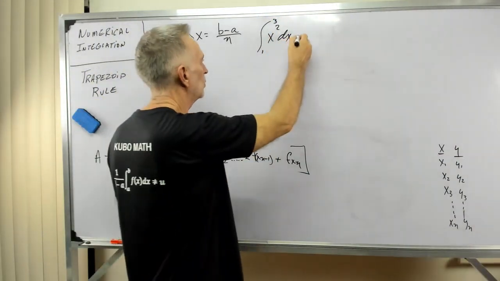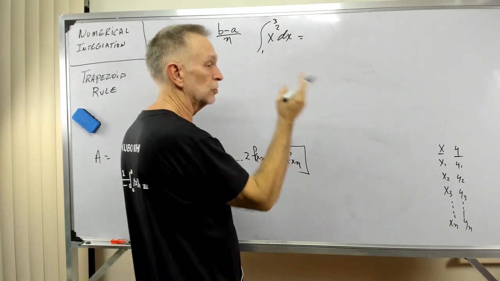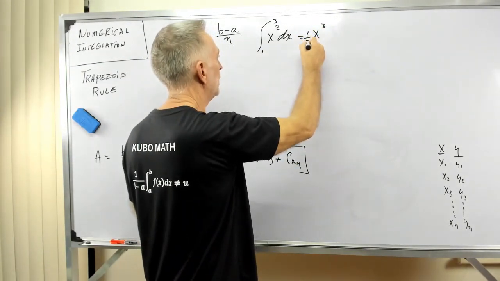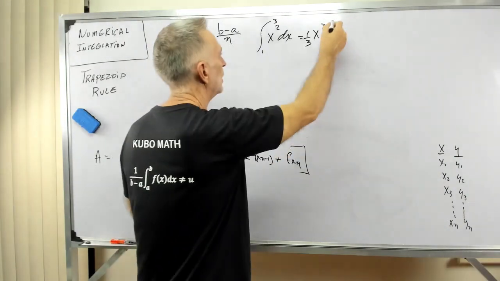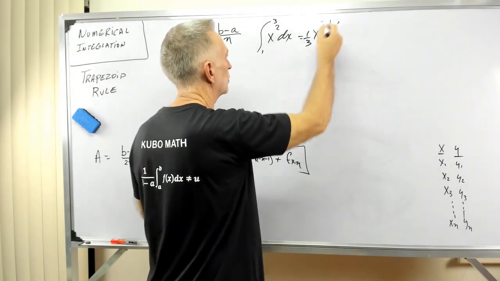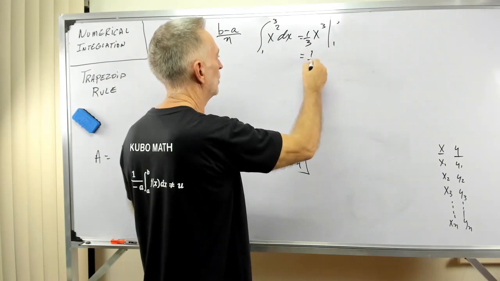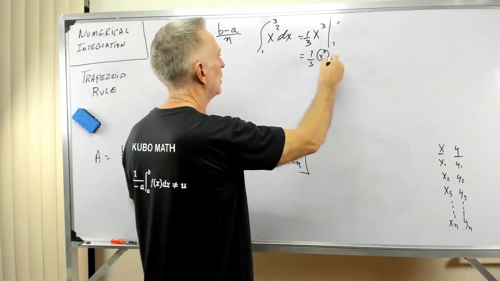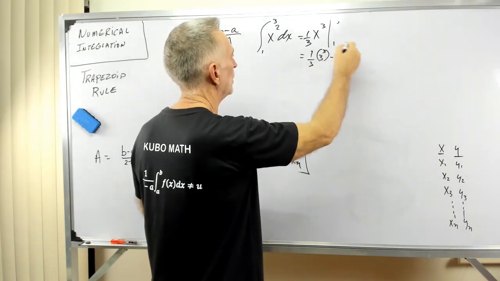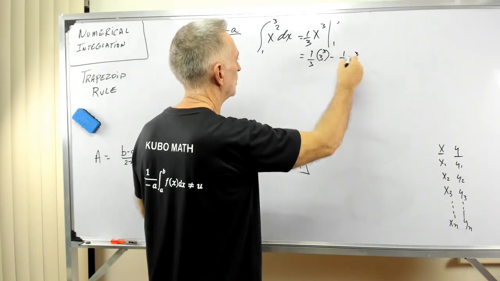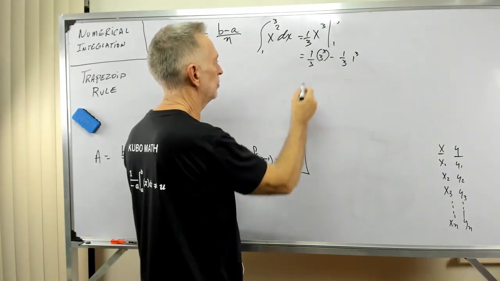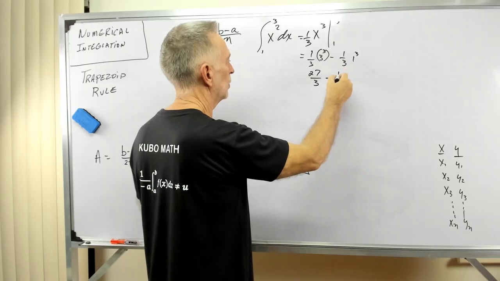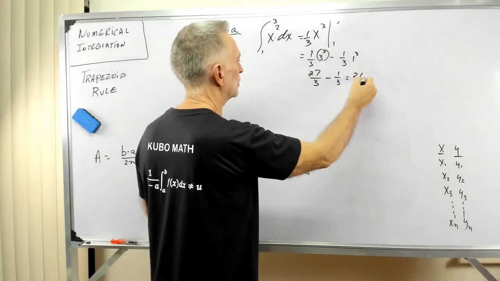If we integrate that, x to the 2 plus 1 would be x to the 3rd power divided by 3, or multiply by 1/3, from 1 to 3. Well, that's 1/3 times 3 cubed minus 1/3 times 1 cubed. So I have 3 cubed is 27, 27 over 3 minus 1/3, which is 26 over 3.